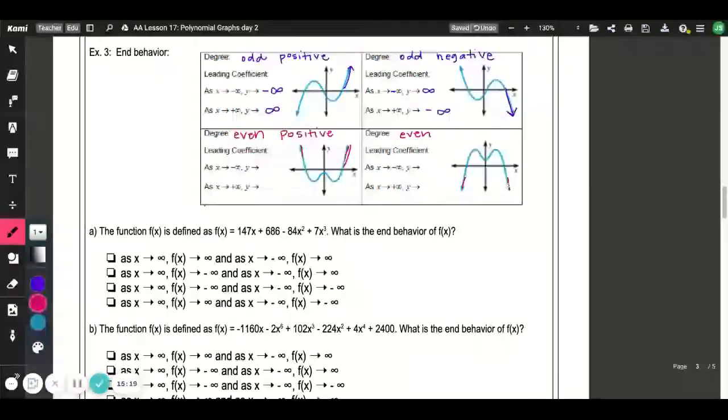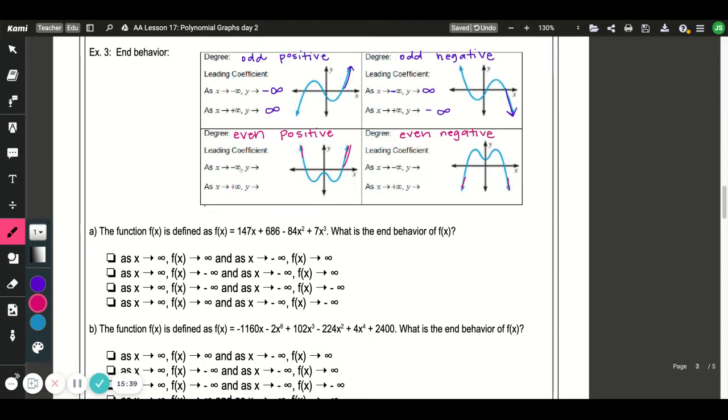On this side, the right-hand side points down, so it is negative. And when we do this, we're talking about, if you put it in standard form, the first term. The degree would be even, the coefficient would be negative.